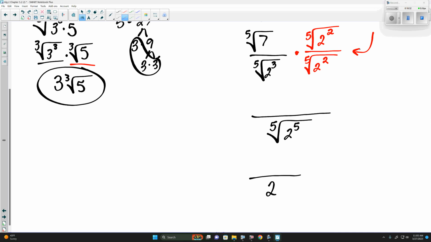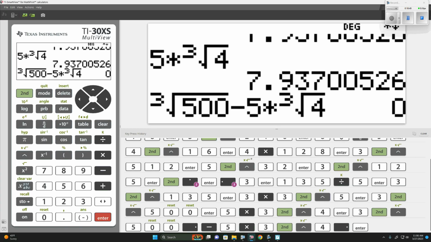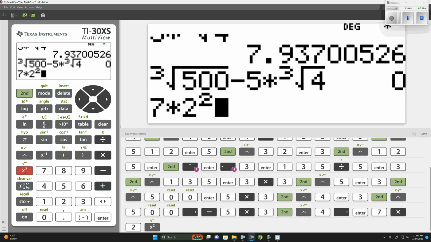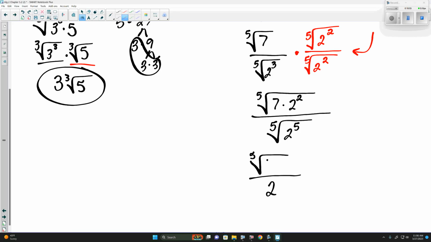Now we do need to multiply the numerator. Fifth root of 7 times 2 squared. Now we do need to multiply those two together, and I can do that in a calculator. 7 times 2 squared, which is 28. So the fifth root of 28 over 2 is the same as the fifth root of 7 over the fifth root of 8.